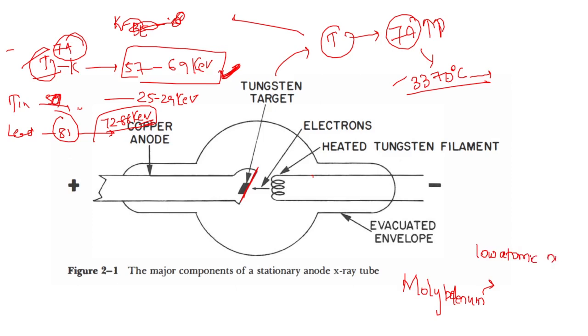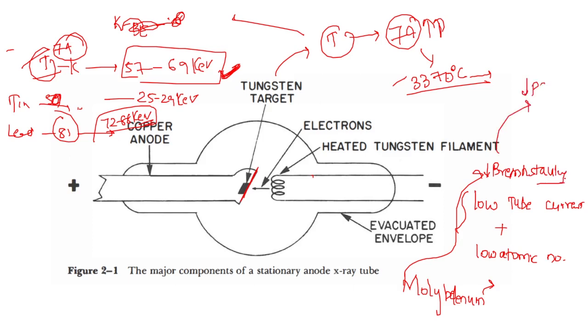Because of this, if we use molybdenum with lower tube currents, the Bremsstrahlung radiation is decreased, and the characteristic radiation or photoelectric effect will increase.